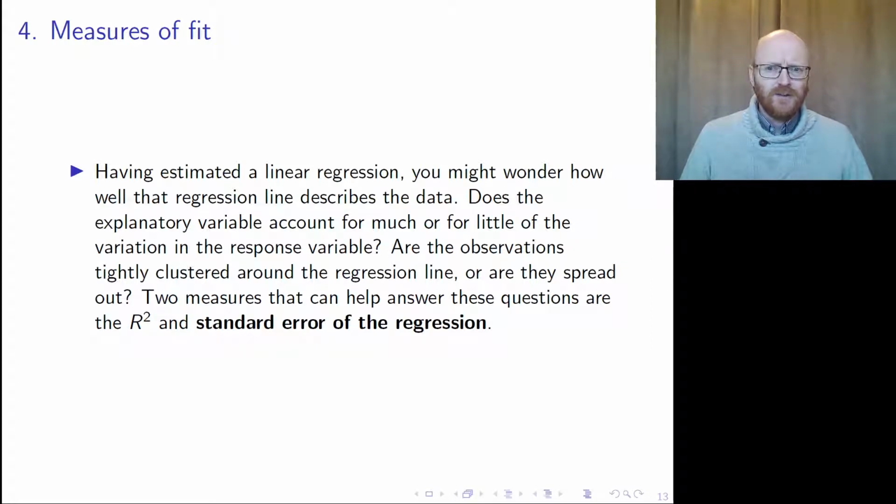After running your regression model to get the sample regression line, you might wonder, does it fit the data, or how well does my model fit the data?